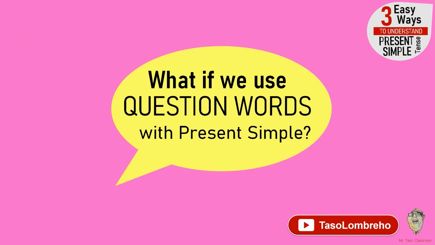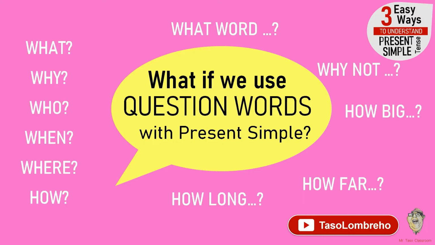Next, what if we use question words with present simple? Do you remember what question words are? Question words are like what, why, who, when, where, and how. And then there is also a combination of question word with other words, like what word do you mean?